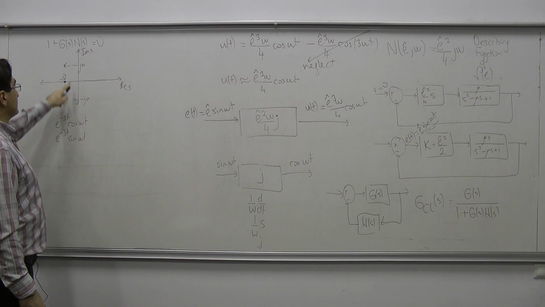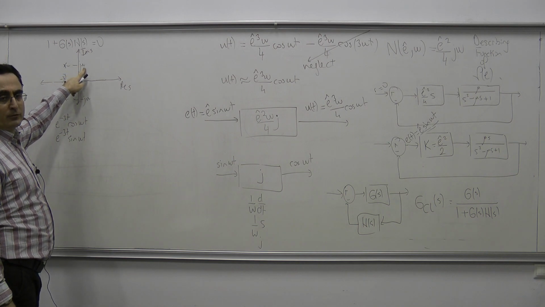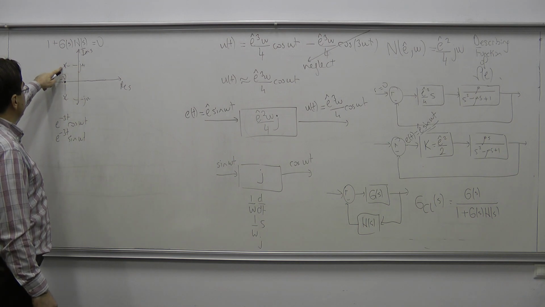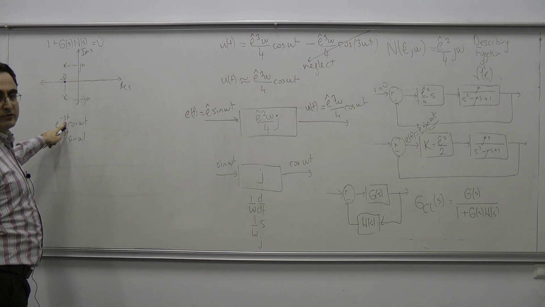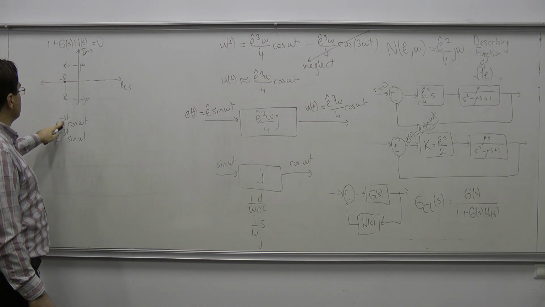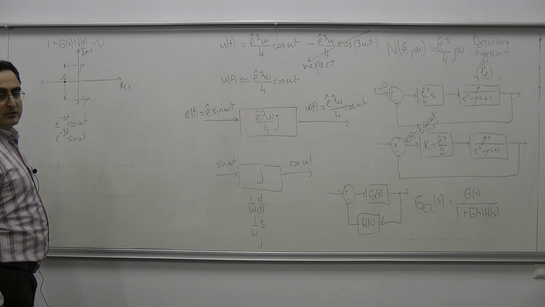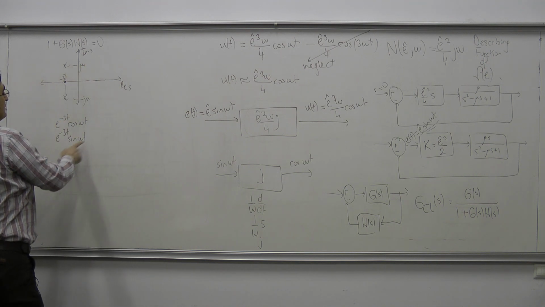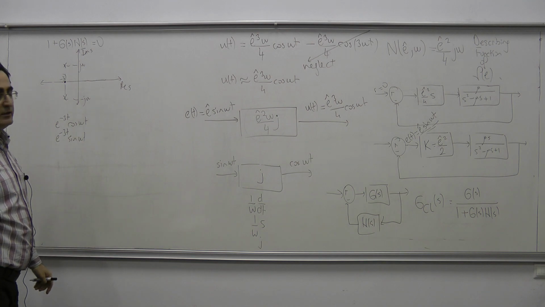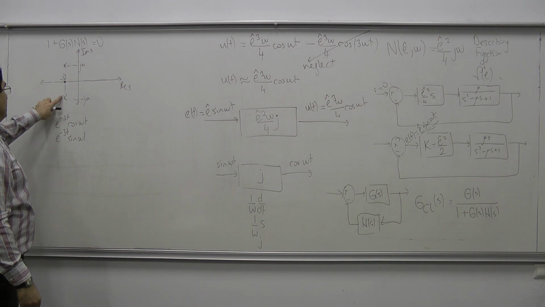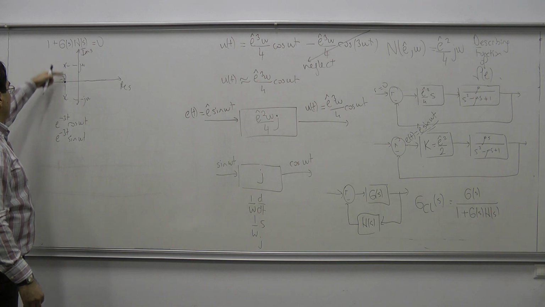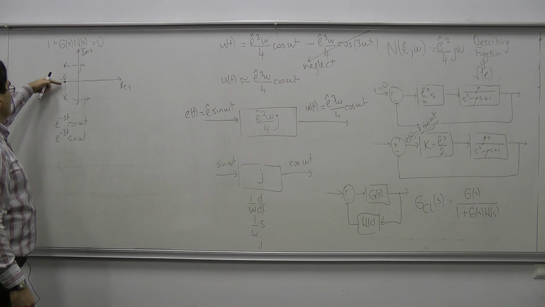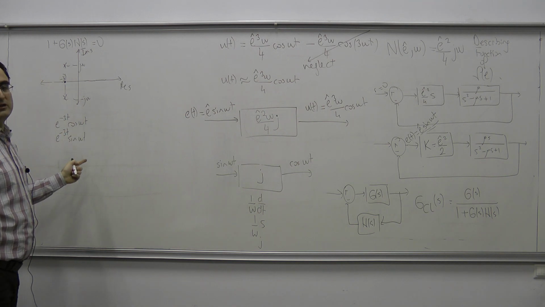So the frequency is determined by the imaginary part of the closed loop poles, and decay rate or the growth rate, this is determined by the real part. If the poles are in the open left half plane, then the oscillations would be decaying. If I have closed loop poles here in the open left half plane, the oscillations would be decaying in the system.